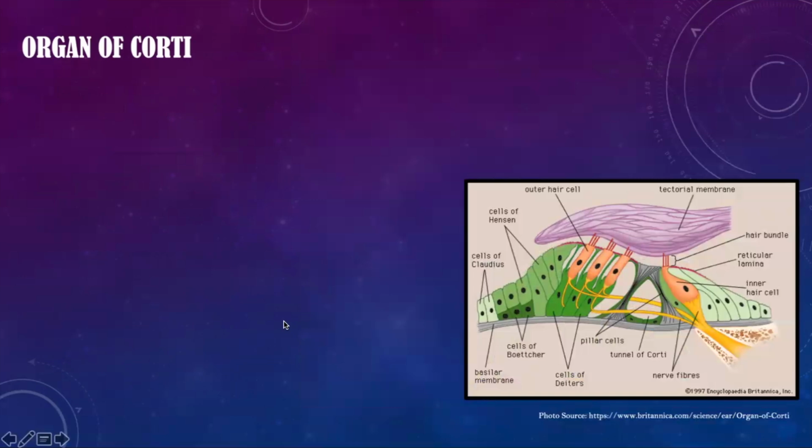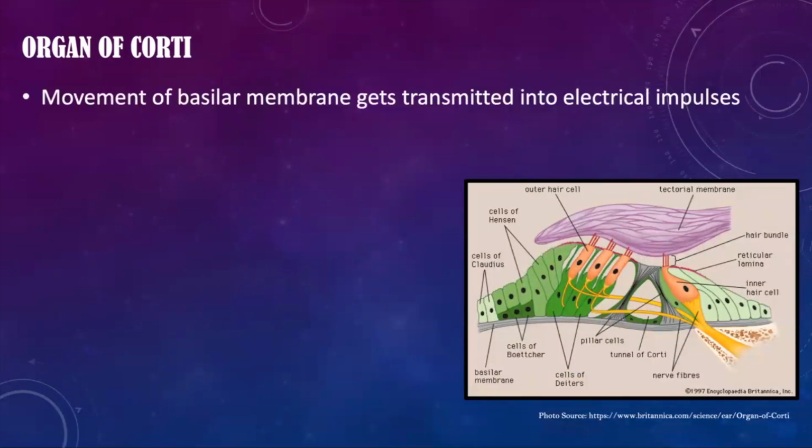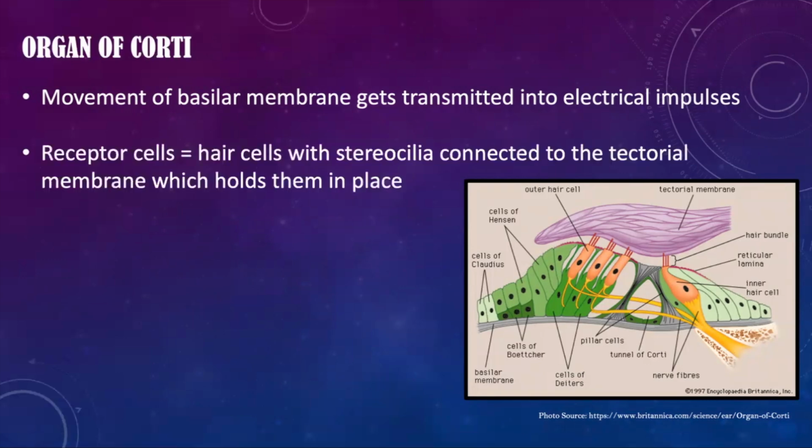So we have another image here of the organ of Corti. The movement of the basilar membrane gets transmitted into electric impulses. So let's talk about how that happens. We have receptor cells in the organ of Corti, which are also known as hair cells, and they have stereocilia connected to a tectorial membrane on top here.